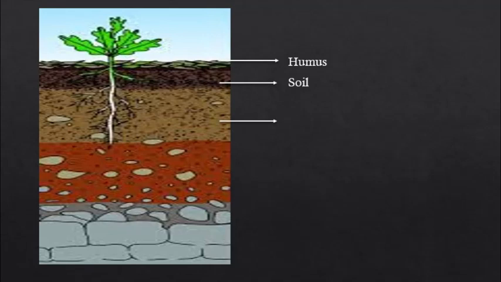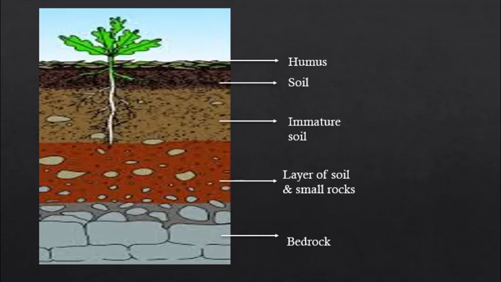The soil and the pieces of bedrock are found below this layer, and it is called immature soil. Then, in the next layer, the proportion of soil decreases and that of rock increases. This layer is called the bedrock. The main minerals in the soil are derived from these rocks.